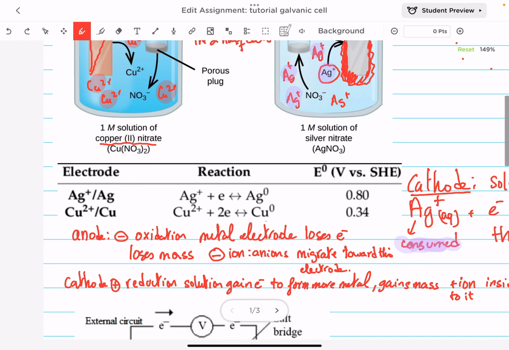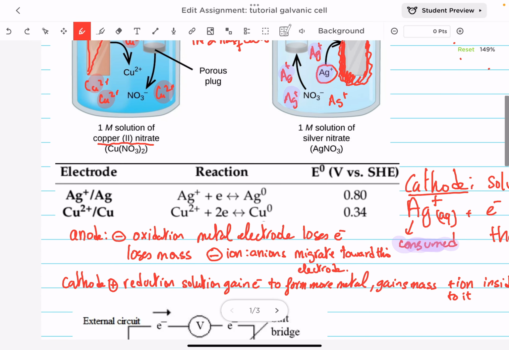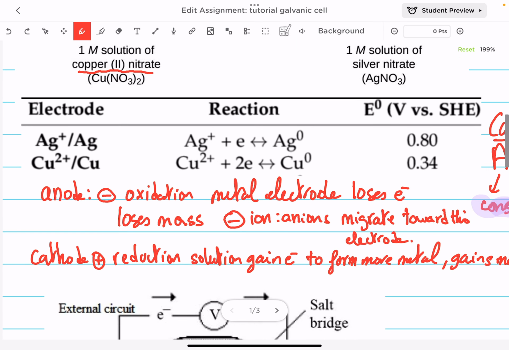Now, looking at these two given reduction potentials, the electrode is always written in the reduction equation form. So it's always the ion to the metal. It's based on the voltage given that we will know which one is the anode and which one is the cathode.